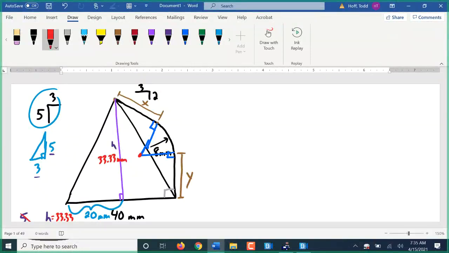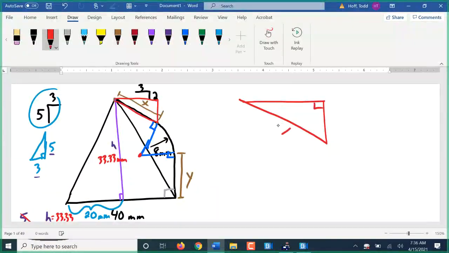So the next thing I want to do is look at that dimension X. The reason I want to look at dimension X is because it has an aspect ratio to it that's going to allow us to find a right angle. I'm going to actually look at this triangle right here, so I'm going to draw it off to the side over here.